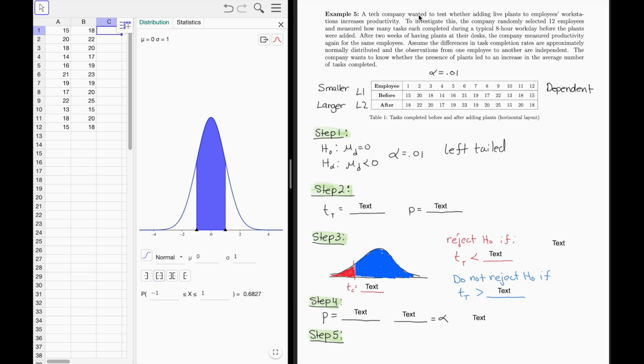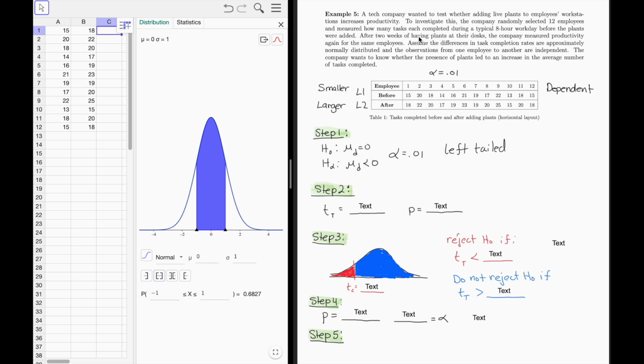A tech company wanted to test whether adding live planks to employees' workstations increases productivity. To investigate this, the company randomly selected 12 employees and measured how many tasks each completed during a typical 8-hour workday before the planks were added.